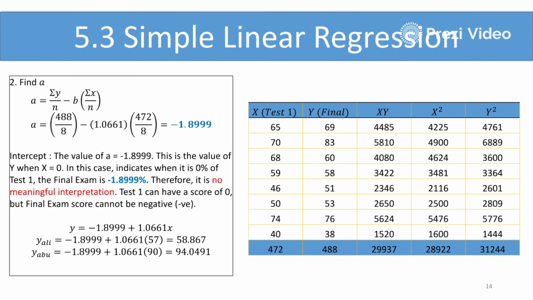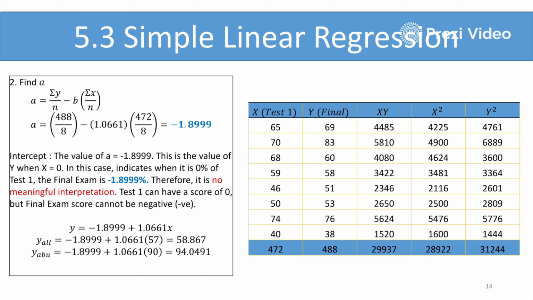Okay, after we have obtained B, then easy lah for us to get the A. Okay, kita just substitute lah summation of Y pun earlier kita dah dapat for A, you just ganti sahaja carefully and then you get the negative value here. So how can we interpret this one? So the value of A, ingat value of A ni adalah Y-intercept. Okay, is negative 1.8999. This is the value of Y when X equal to 0.